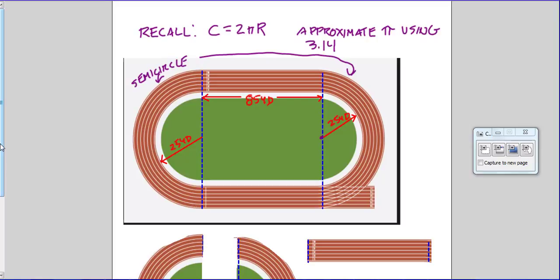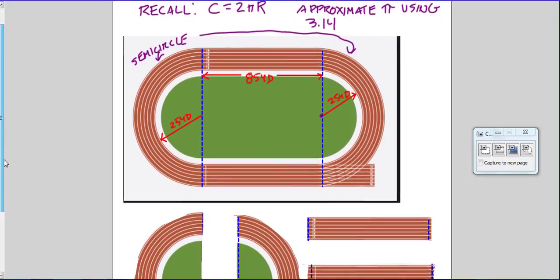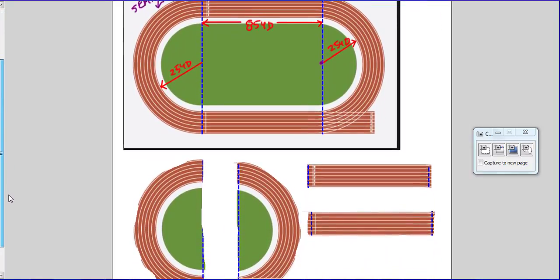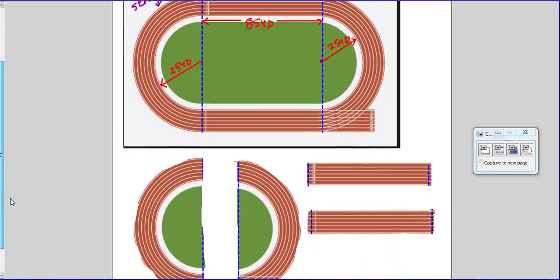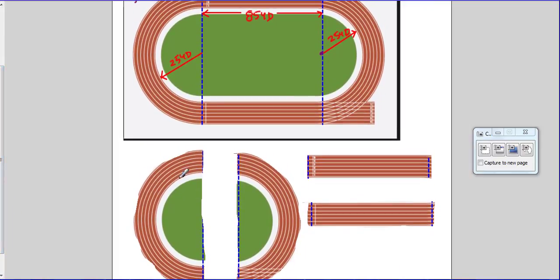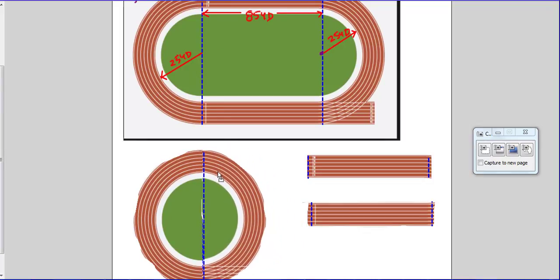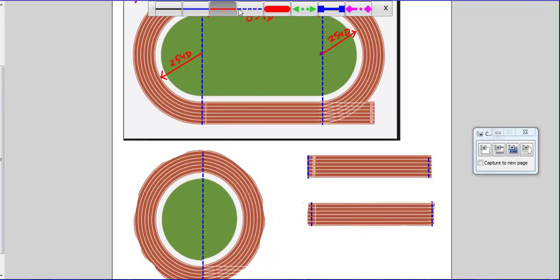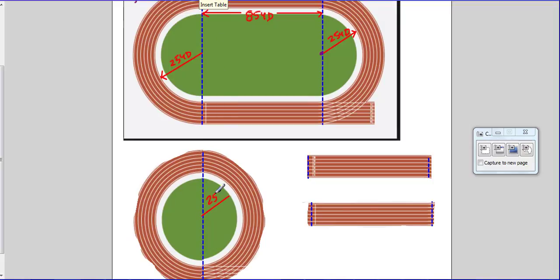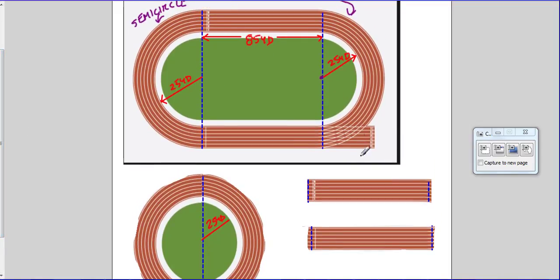Well, before we work with numbers, let's think of the problem as pieces. And what do we have? Well, I have two semicircles. If I put the two semicircles together, I get a circle. So this is a circle with radius 25 yards. And in addition to the circle, I have a straightaway that's 85 yards, and I have a second straightaway that's 85 yards.